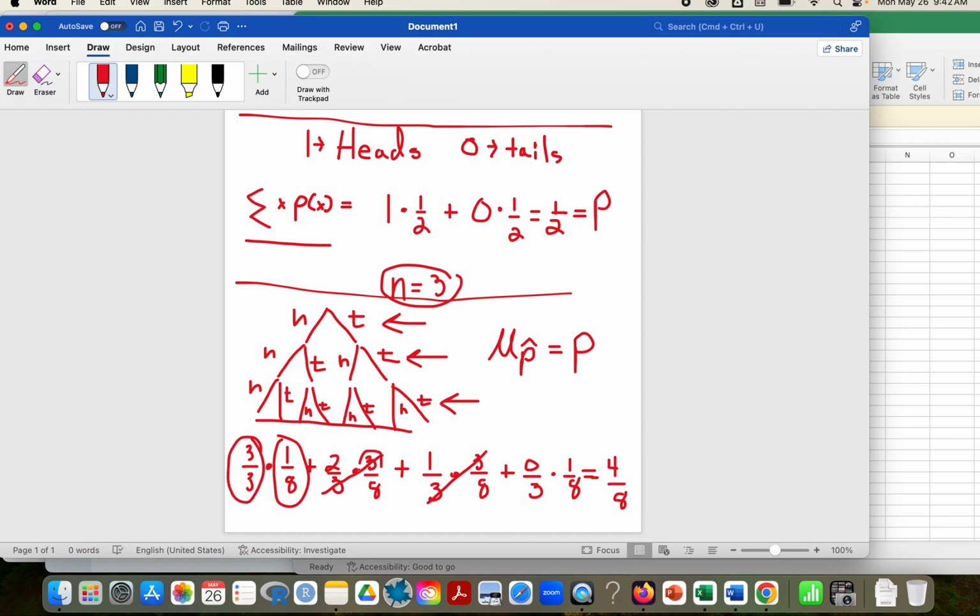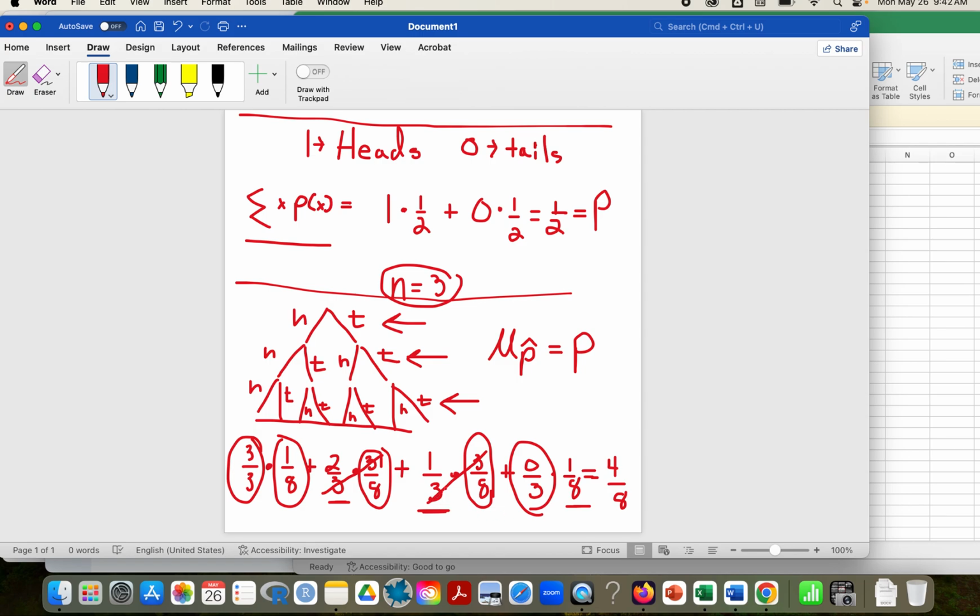There are 3 paths out of the 8 that have 2 successes out of 3. There are 3 paths out of 8 that have 1 success out of 3. And we have 1 path out of the 8 that has 0 successes out of the 3.